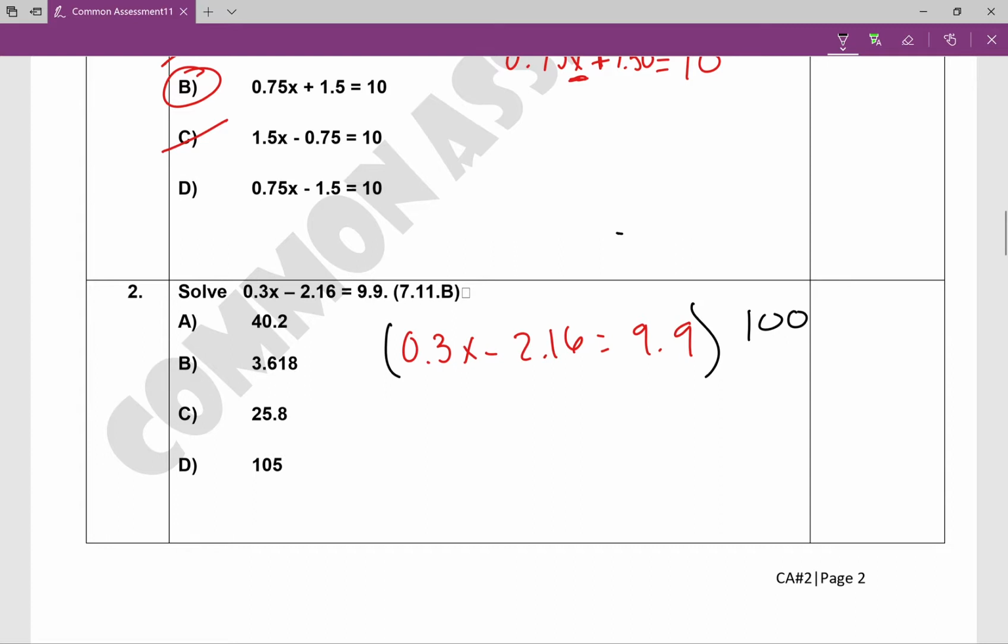And when I multiply by 100, literally all it means is that I'm moving the decimal how many places? 2. So if I move twice over here, it'll be 30x minus 216 equals 990. Everybody agree? Now we can solve for this.